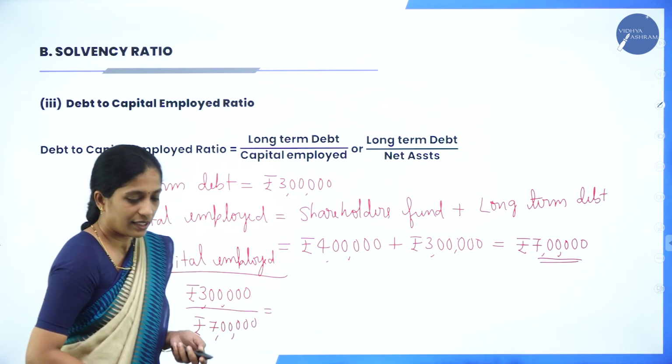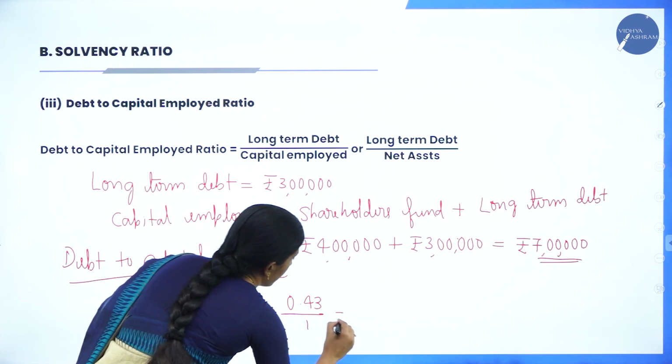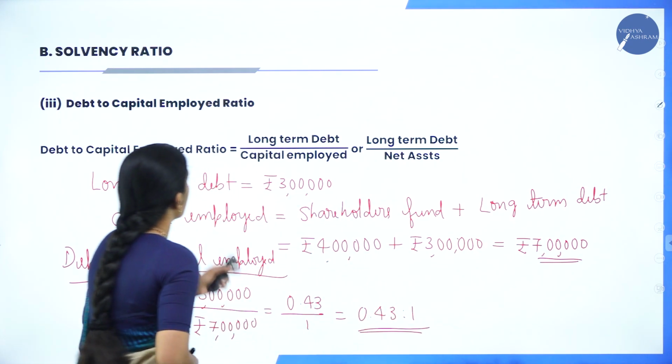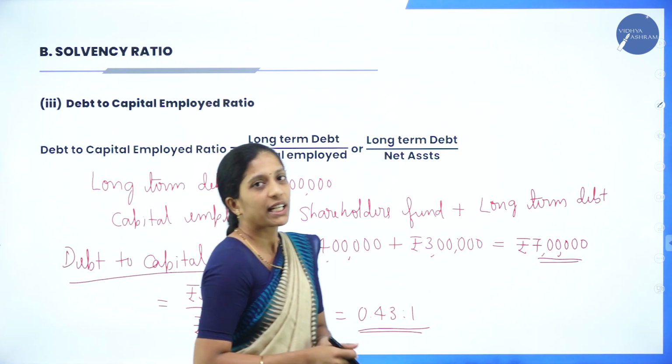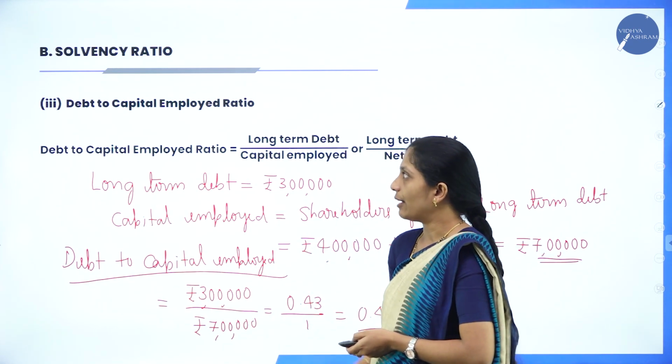It is equal to 0.43 divided by 1, that is 0.43:1. So, this will be debt to capital employed ratio. So, hope you are clear about it. Based on the question, you have to apply the formula and calculate.